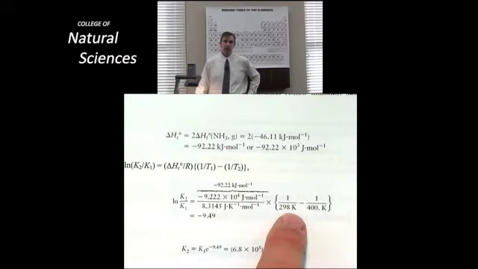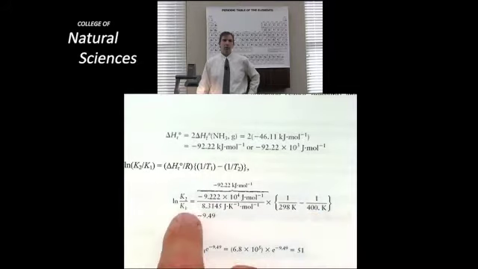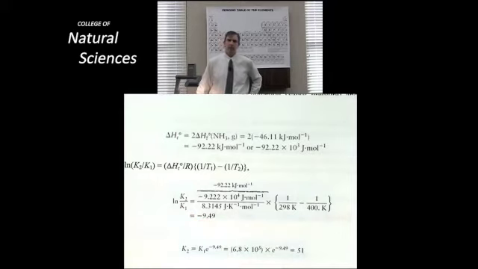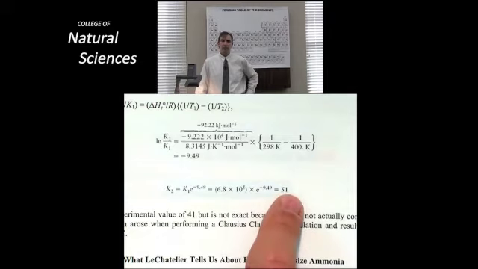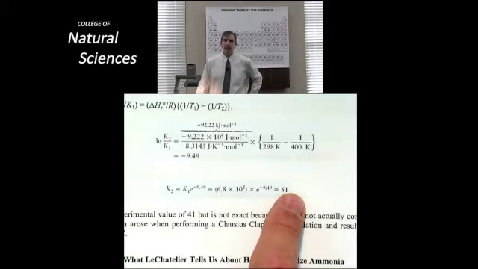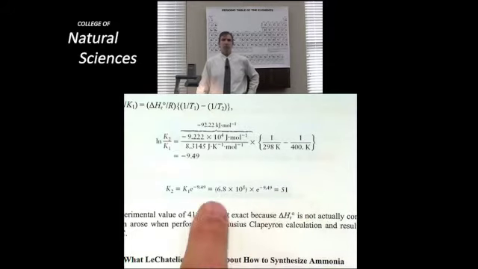And I want to know what's going to happen to K. The ratio of K2 over K1 is negative, which means that K2 is going to turn out, when I solve for it, to be 51. So K has gone way, way down from where I started, from about 6 times 10 to the fifth down to 51.